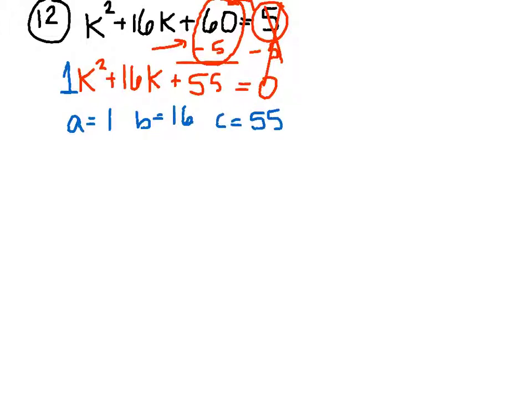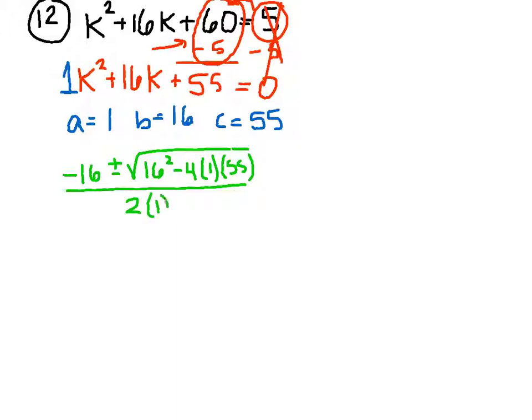Now we need to plug it into the equation. So we have negative b plus or minus the square root of b squared minus 4ac all over 2a.